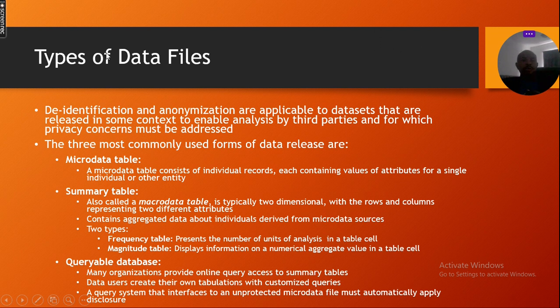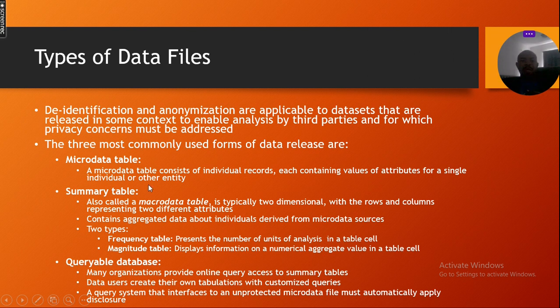Then the second type of data file is a data summary table in a database. The summary table is also called a macro data table. Just like we have the microdata table as the first one, the second one is the macro data table.